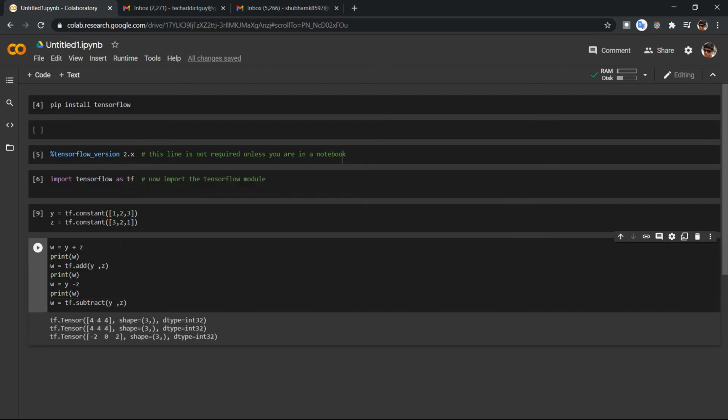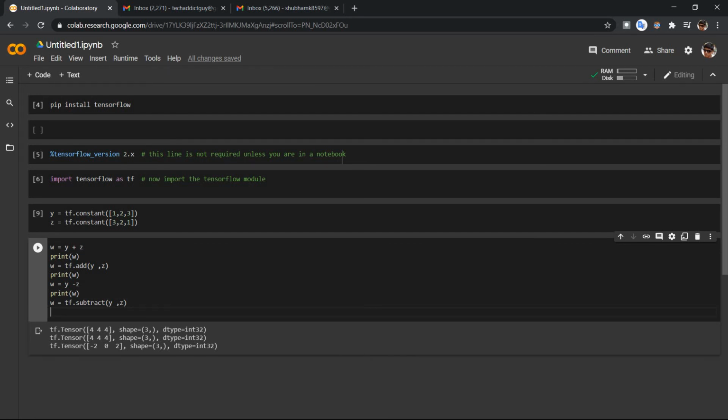Let's print all of them, and yes, -2 0 2. So this is how you add and subtract TensorFlow vectors.